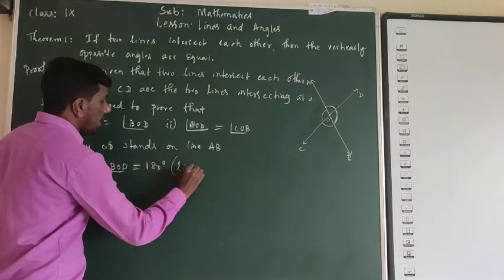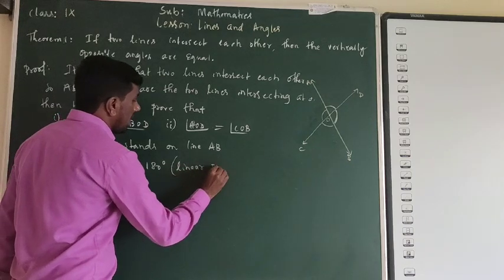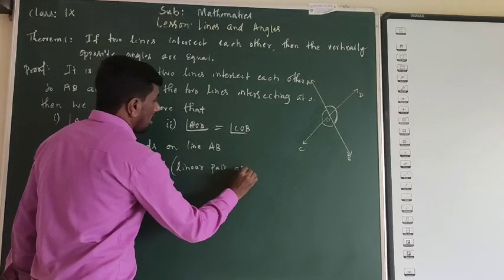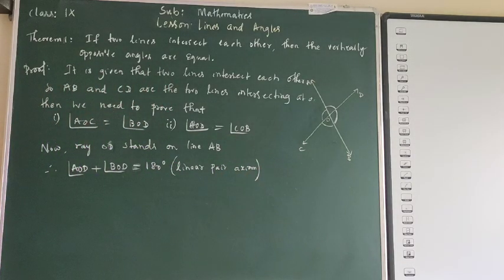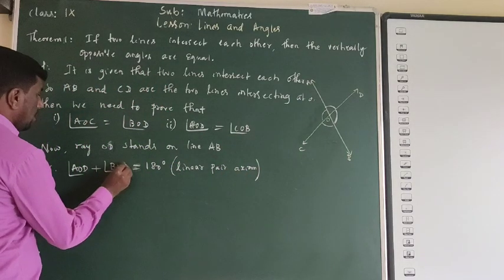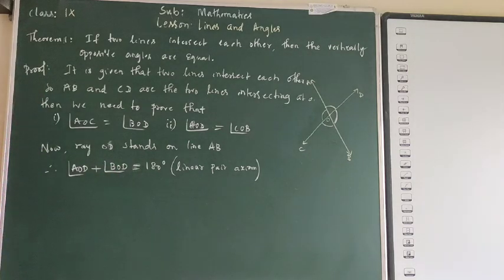In the bracket we should write linear pair of angles, linear pair axiom. So AOD plus BOD is equal to 180 degrees. So that we can write.